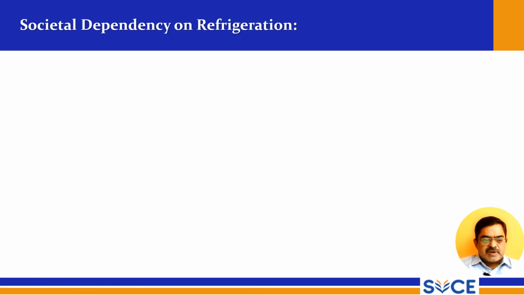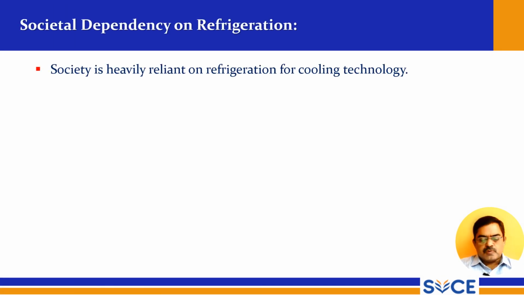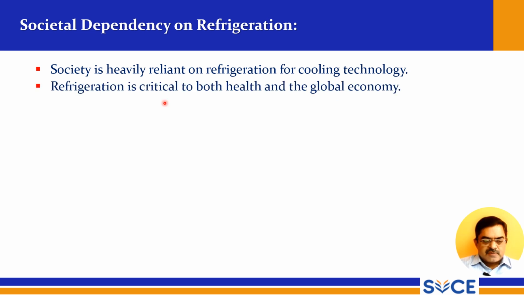So, societal dependency on refrigeration: almost everybody is relying on refrigeration. So it is a very essential system in society as well. Society is heavily reliant on refrigeration for cooling technology, and refrigeration is critical to both health and the global economy.